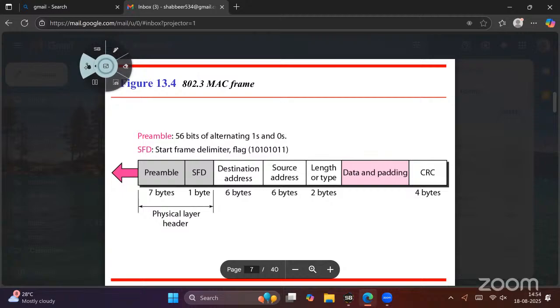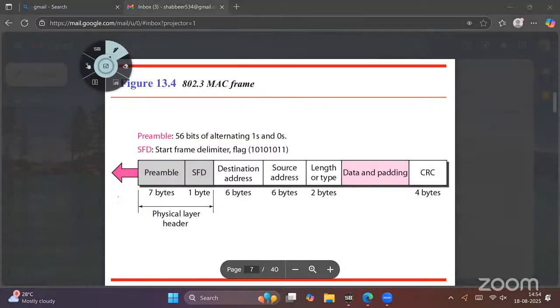The start of the frame contains the bit pattern 1 0 1 0 1 0 1 0.